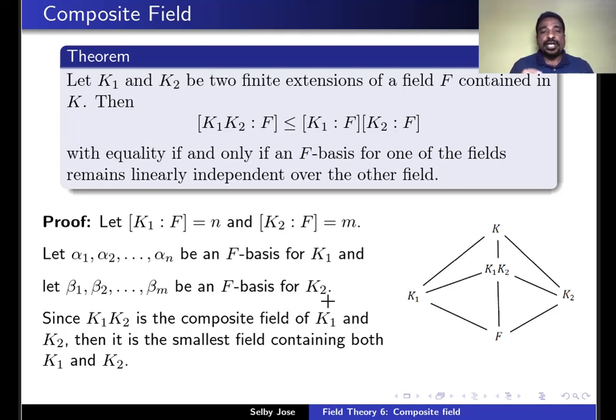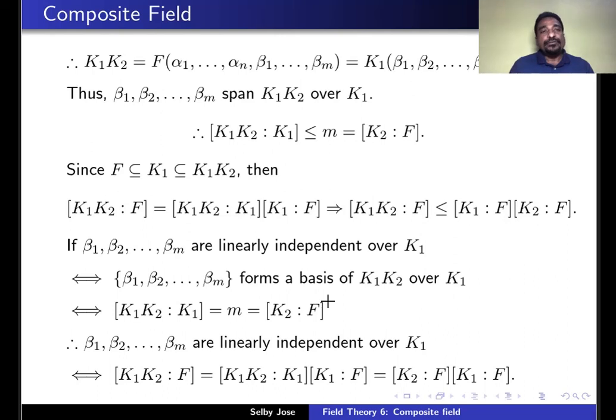Because K1K2 is the composite field of K1 and K2, it is the smallest field containing both K1 and K2. Therefore K1K2 is generated by alpha 1, ..., alpha n, beta 1, ..., beta m over F.